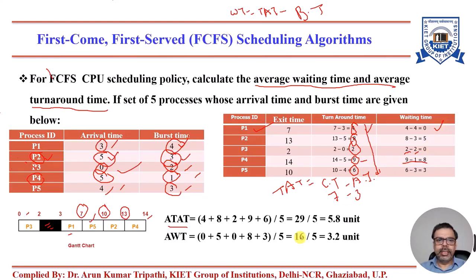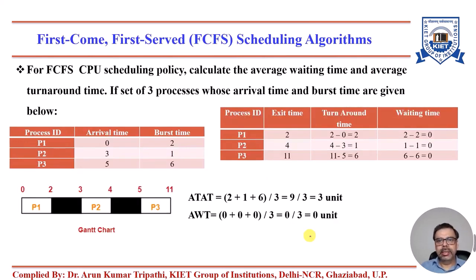Similarly, for the average waiting time, we will add all the waiting times of all processes and divide by the number of processes. So 0, 5, 0, 8, 3 and the summation of these divided by 5. So I can get the average waiting time. Now moving to the next example.